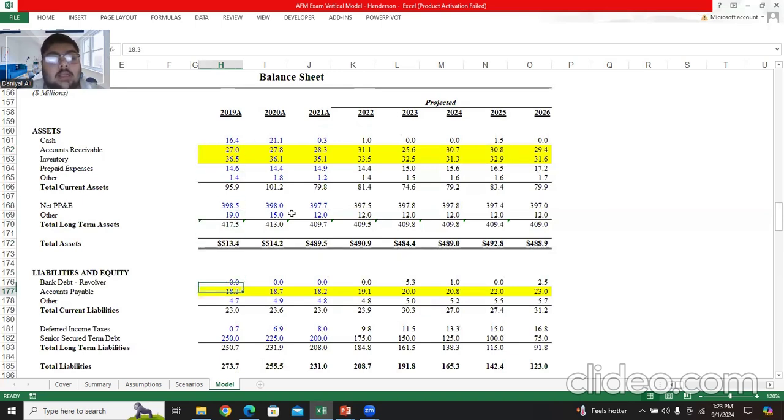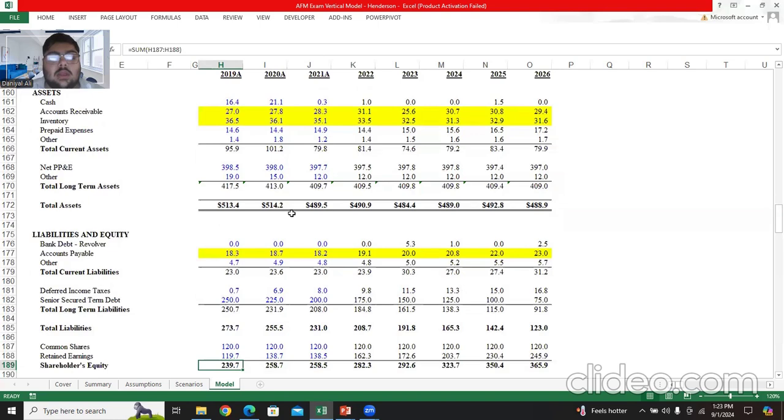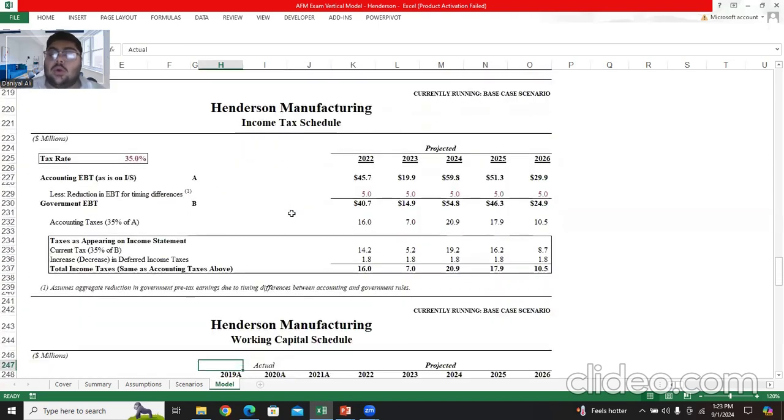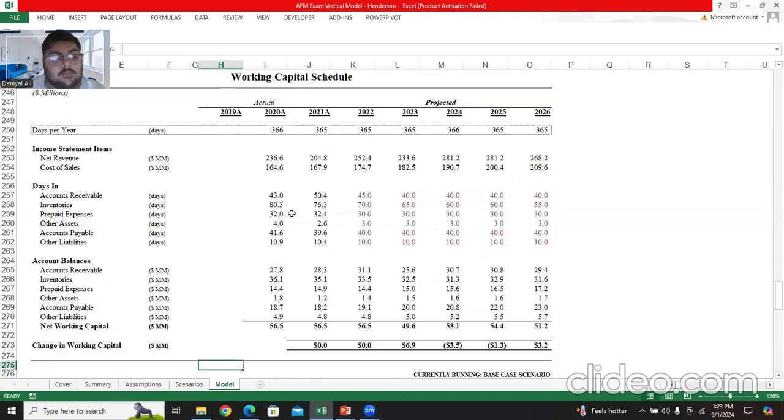Your liabilities currently have only accounts payable, which is how it has been referred to here. Again, I'll show you the working capital schedule. Here you see your prepaid expenses have been developed. How do you forecast your future prepaid expenses? If you relate to the forecast value in F2, it relates to the cost of sales.